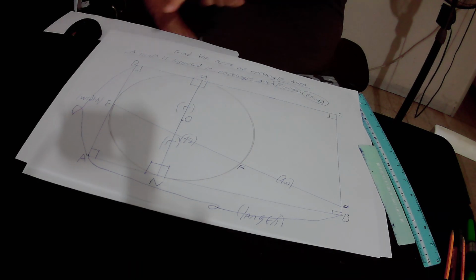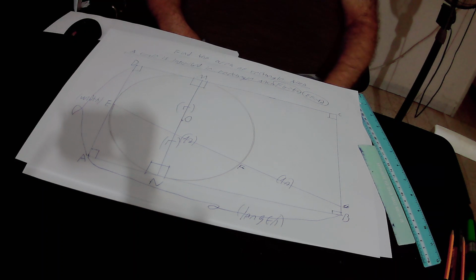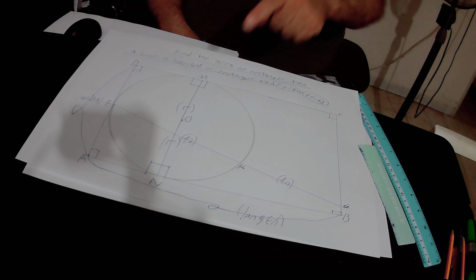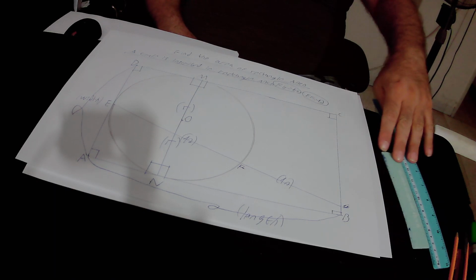Point E is the point of tangency of tangent DA with this circle. We join points O and E together by a straight line.